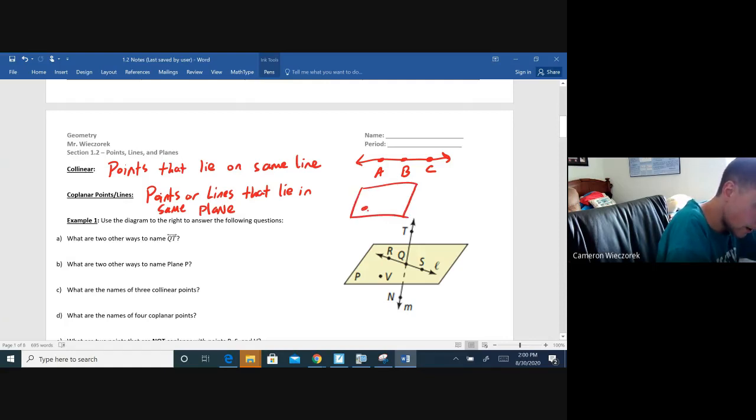Let's say here's point A, point B, and point C. I'll give it a point D also. Okay. So A, B, C, and D would all be coplanar. They all lie on the same plane. Okay. And line CD also lies in that plane. So that would be coplanar as well.